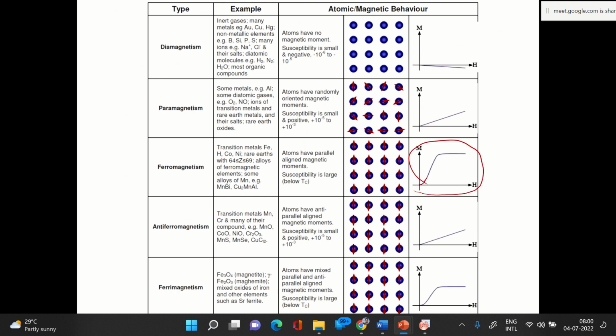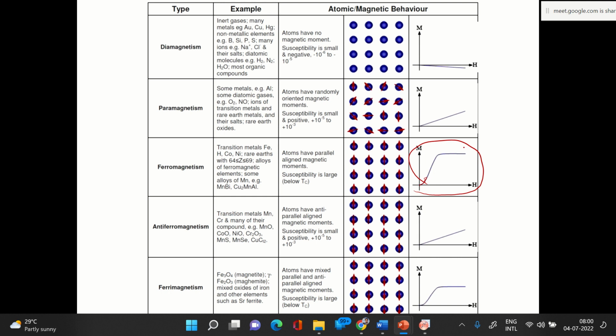Only the initial portion has been shown, and you can see clearly that the slope is different. You can also find that susceptibility is not constant. स्लोप का हर जगह पे अलग अलग वैल्यू आएगी along this curve.